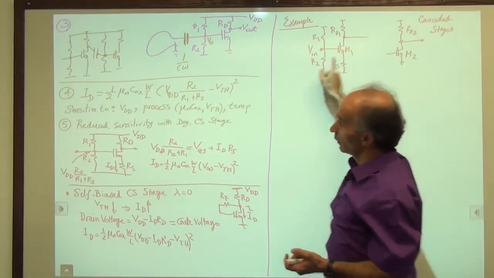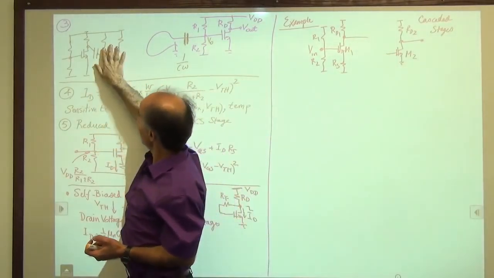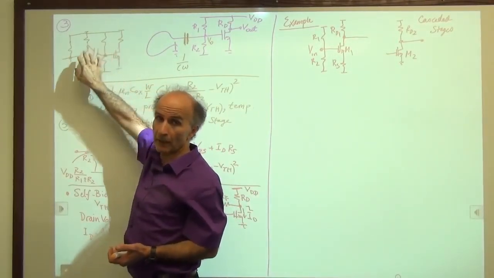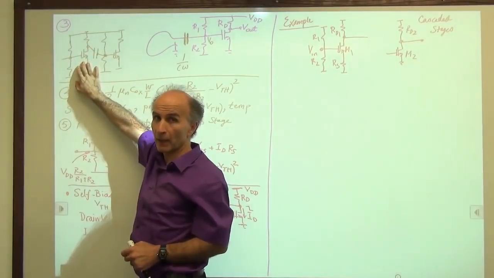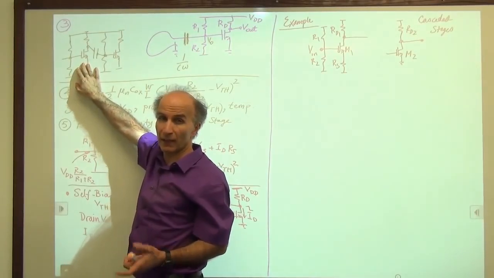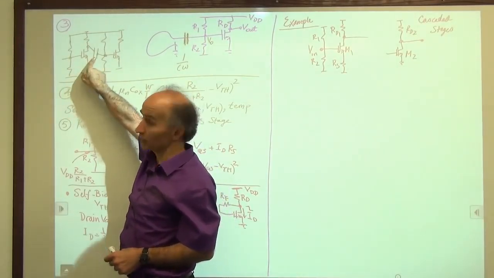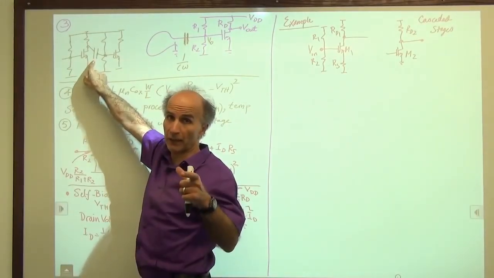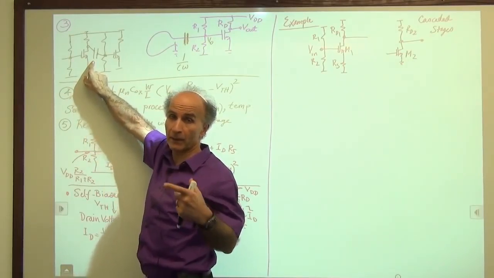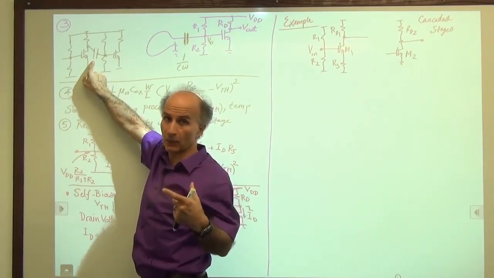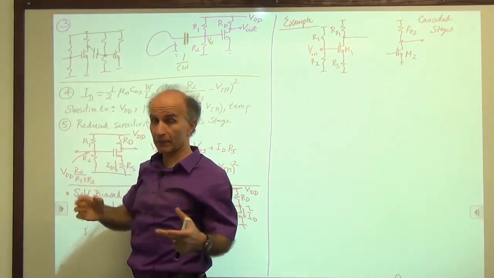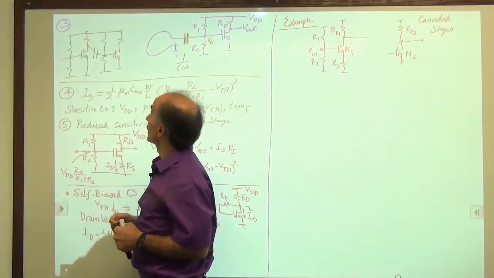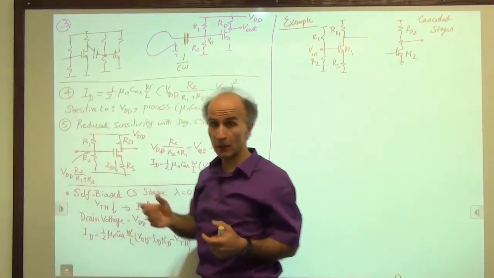Previously, we said, well, we can bias the second stage independently and then place a capacitor between them. That's one possibility. In integrated circuits, we don't do this very often because this capacitor becomes a large device. And as you know, the cost of a chip is proportional to the area of the chip. So the larger this capacitor, the more expensive it will be. So sometimes we have to do that, but sometimes we don't.